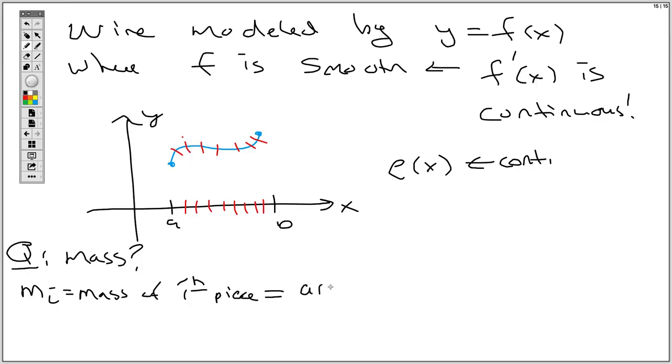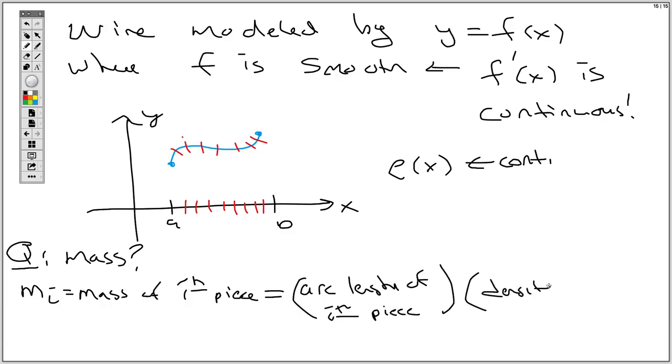So this would be the arc length of the ith piece times the density. Now this is something we did at the end of last week. That would be our delta s sub i. Not delta x, but delta s, change in arc length, times our density, rho of x.